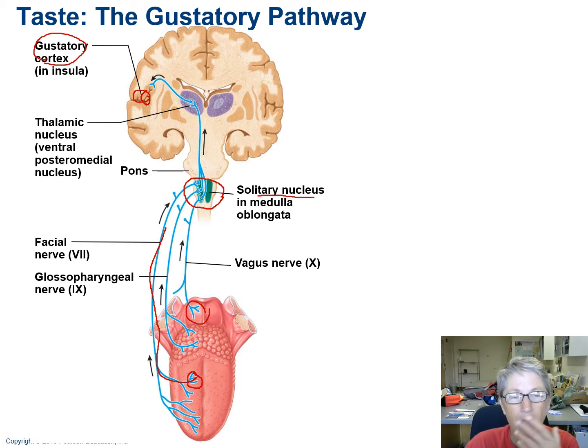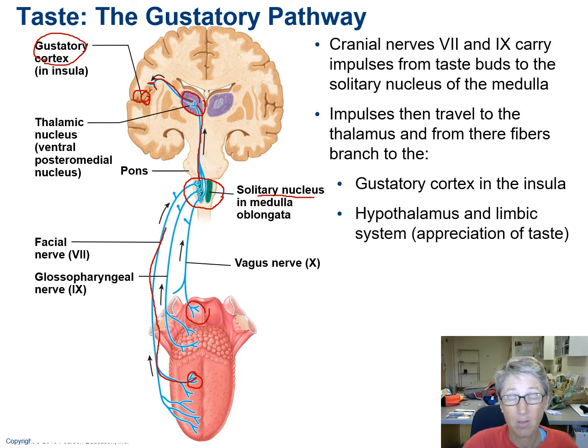And then the second order neuron in this sensory pathway will take information up here to the thalamus, where the second order sensory afferent neuron will synapse with the third order sensory neuron, and then that will basically alert the gustatory cortex that you have tasted something.